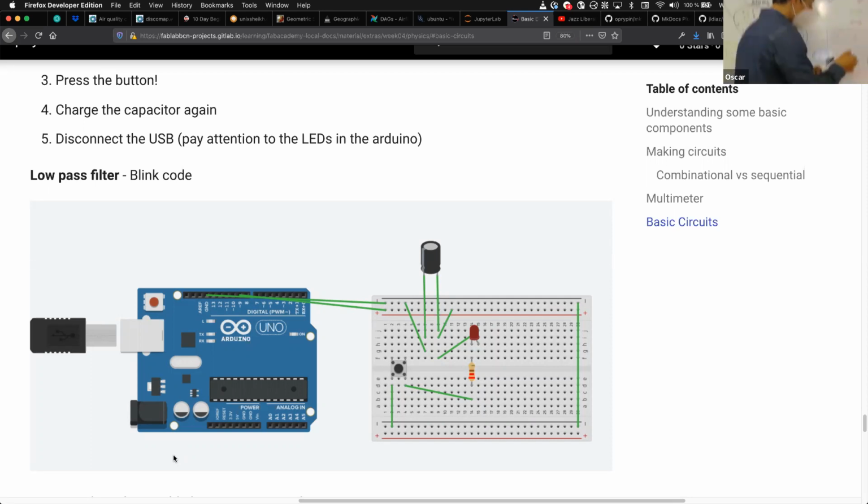Now, units for each of these. Voltage is measured in volts. Uppercase or lowercase? Uppercase.